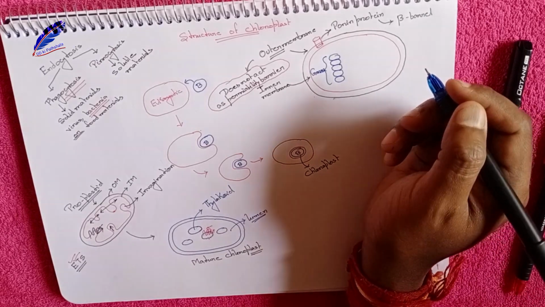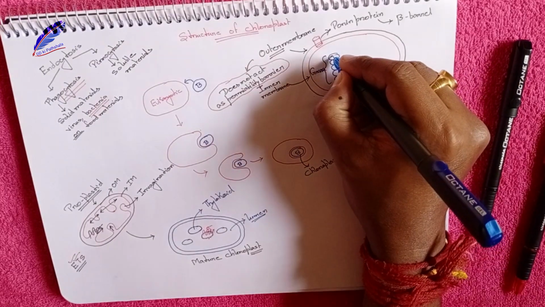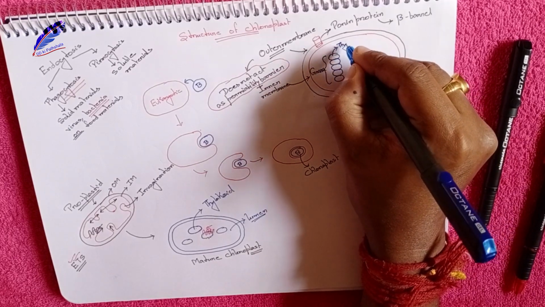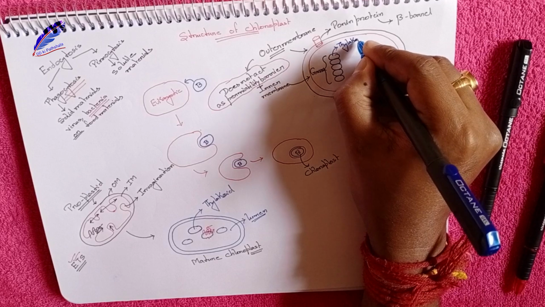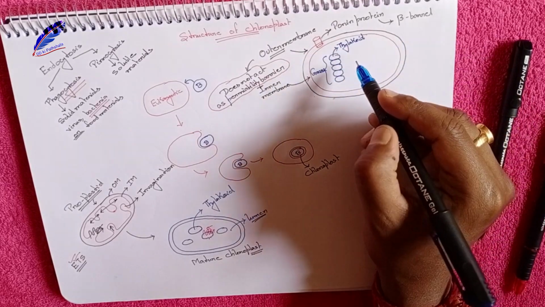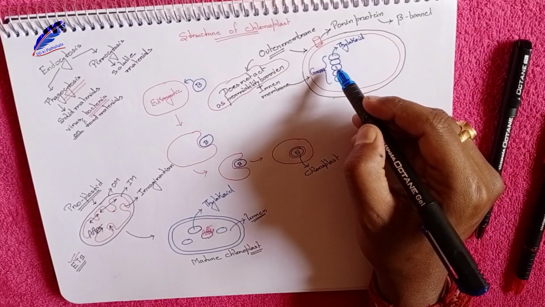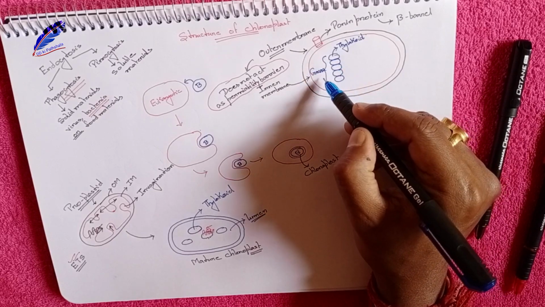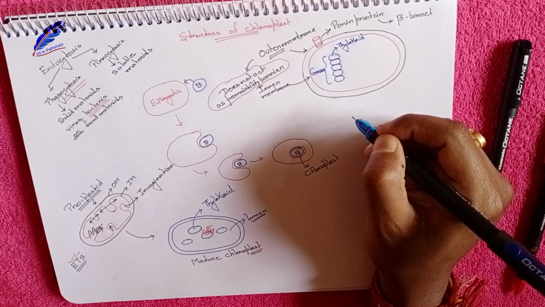That means the individual unit is called thylakoid, and when more than one thylakoid is piled upon one another, the entire structure is called grana.